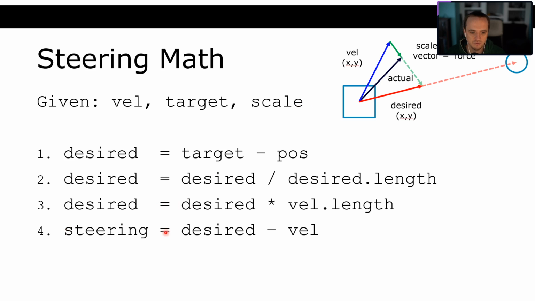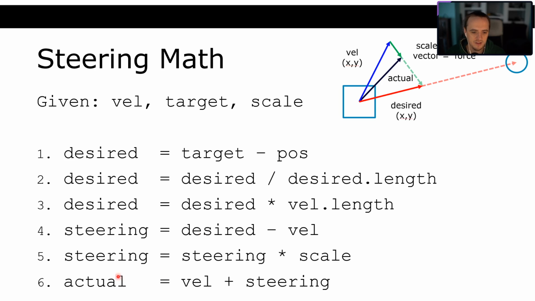Then our steering vector, which is initially the dashed green line, is going to equal desired minus velocity. Then we're going to scale the steering vector by multiplying it by the scale value that we've chosen. Okay? And then the actual vector is going to be velocity plus steering. And that's how it works. That's it. That's steering. So if you want to smoothly steer towards something, that's the math that you need to know.